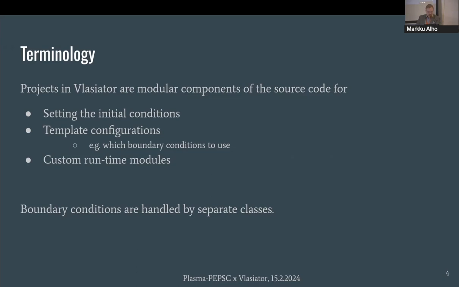Well, I guess there's only one implemented anyway, but with a project class, with your custom code, you can actually hook into the runtime simulation and perform some analysis or whatever you want to do. And that's a nicely modular thing that can be plugged in.